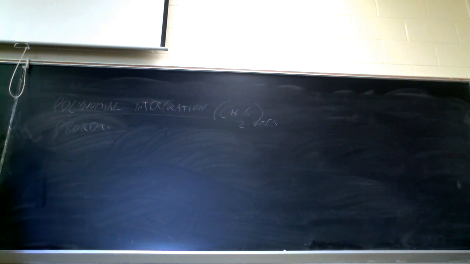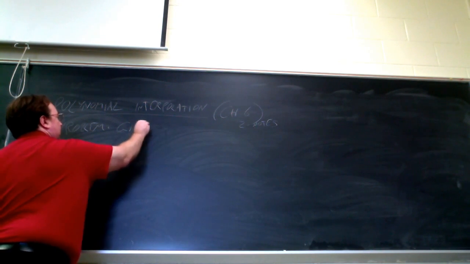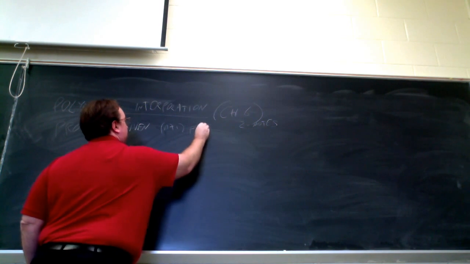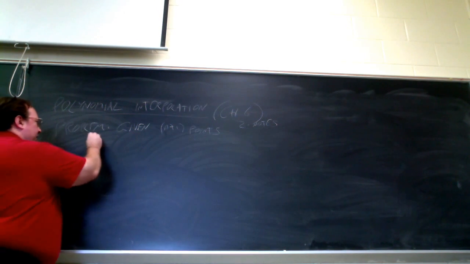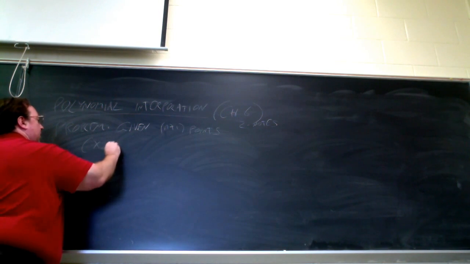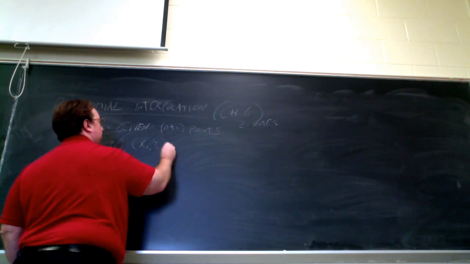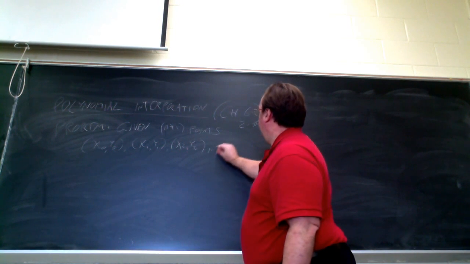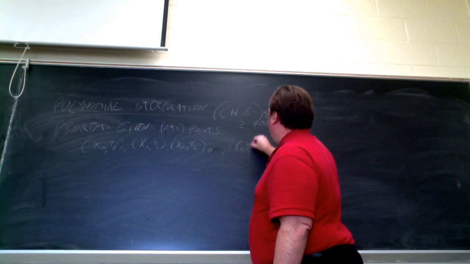So the problem to solve is, you're given n plus 1 points in the plane that I'll label by x0, y0, x1, y1, and so forth, all the way to xn, yn.